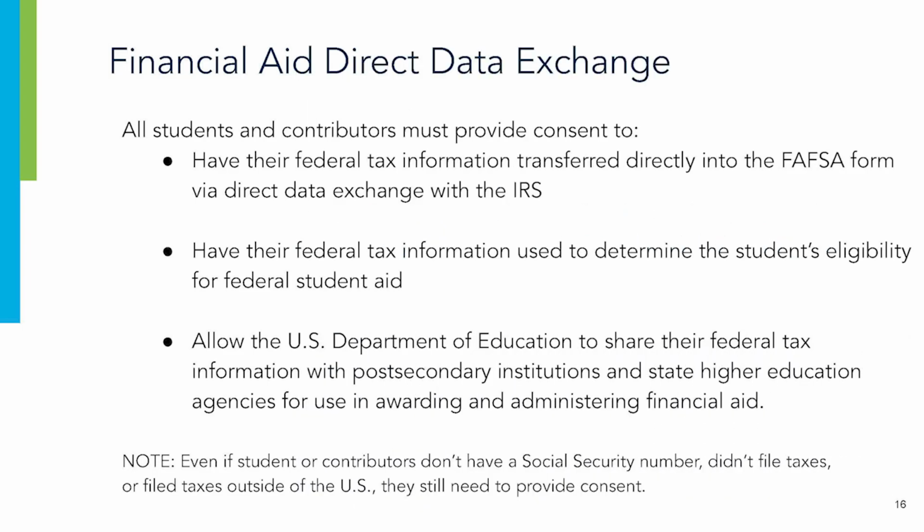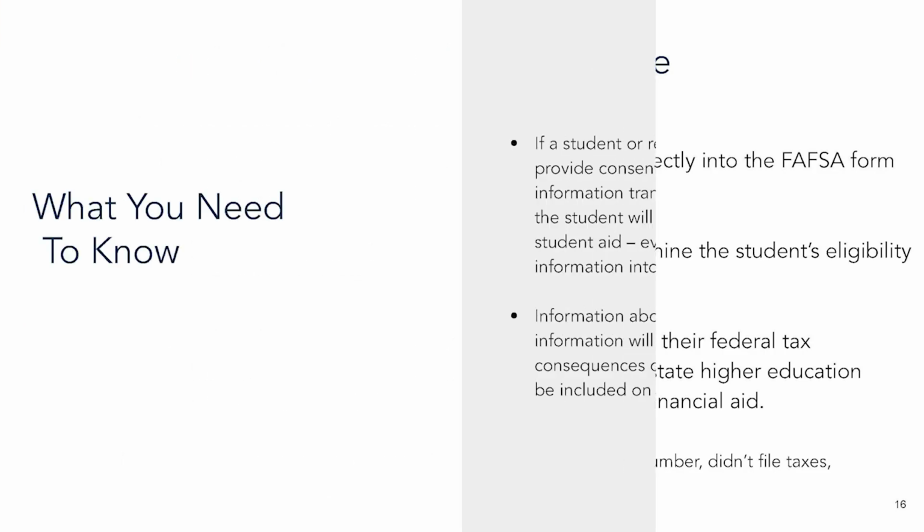Contributors must provide consent to allow the U.S. Department of Education to share their federal tax information with post-secondary institutions and state higher education agencies for use in awarding and administering financial aid. These will be determined by the student when they select which institutions they are considering.